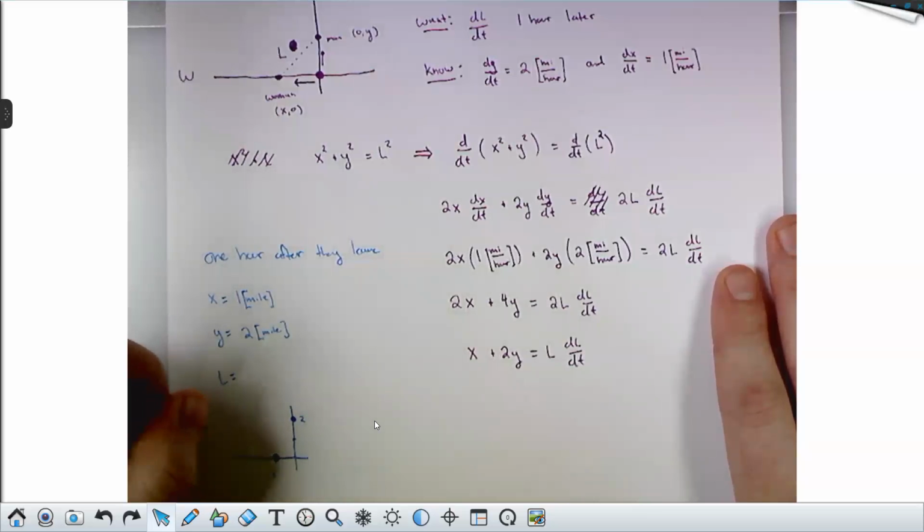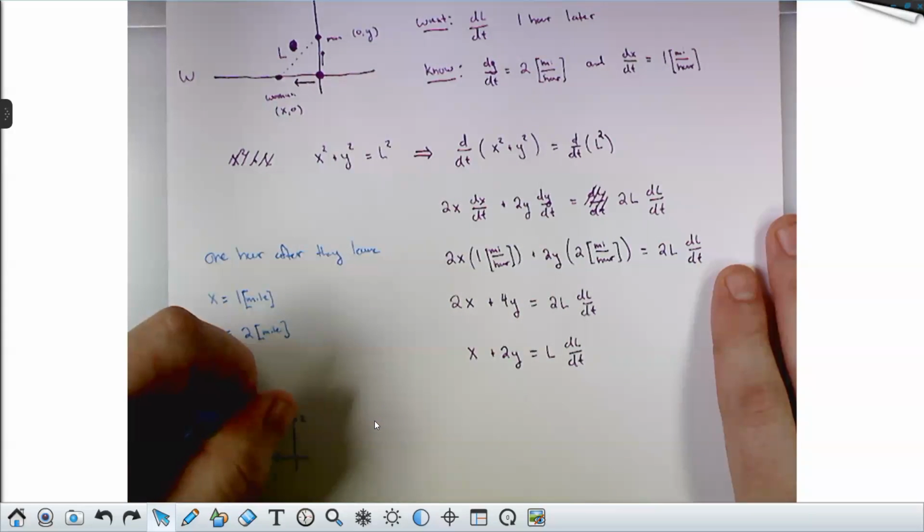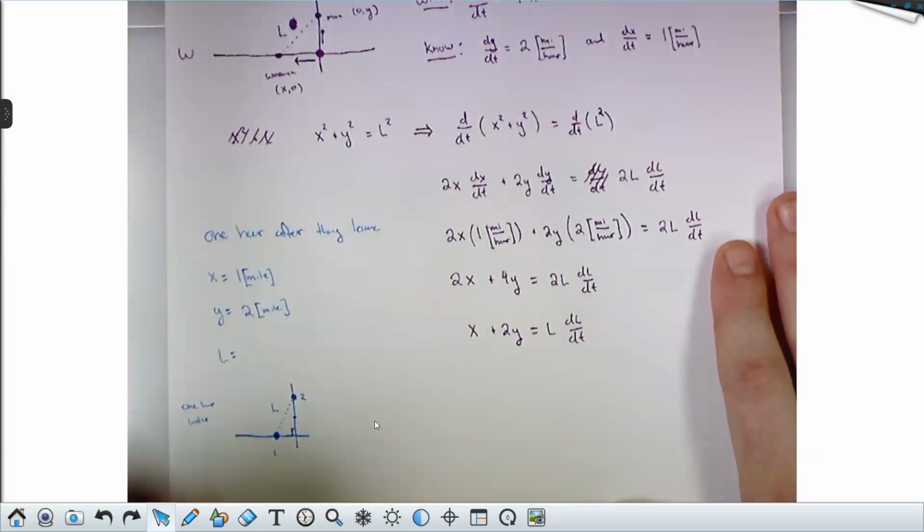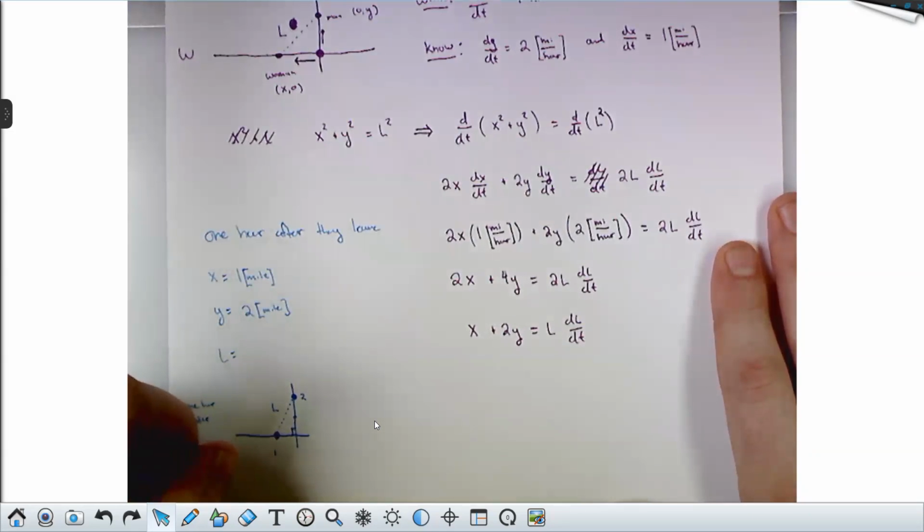So 1 hour later, L can be computed by the Pythagorean theorem, because again, right triangle. So L squared would be 1 squared plus 2 squared.